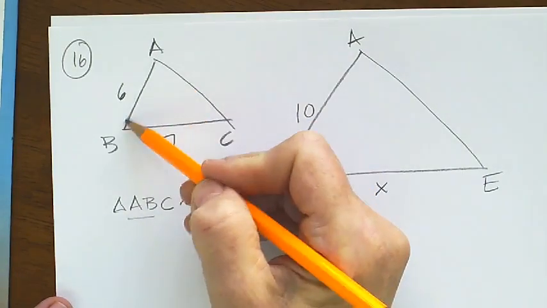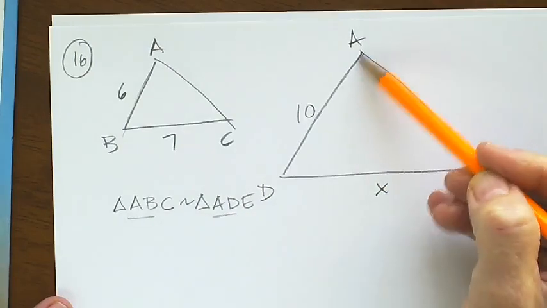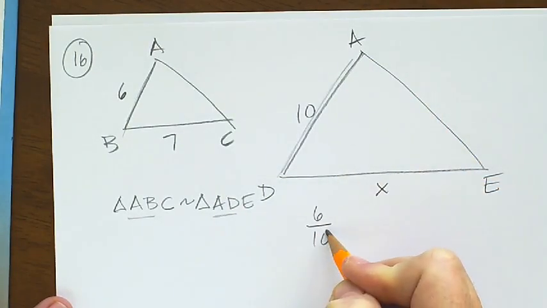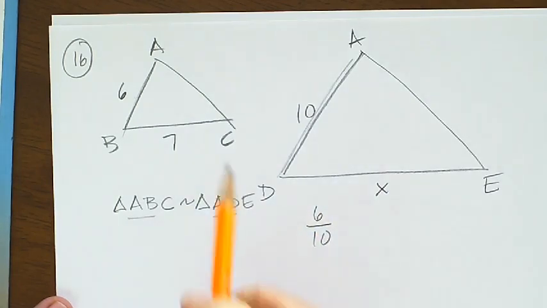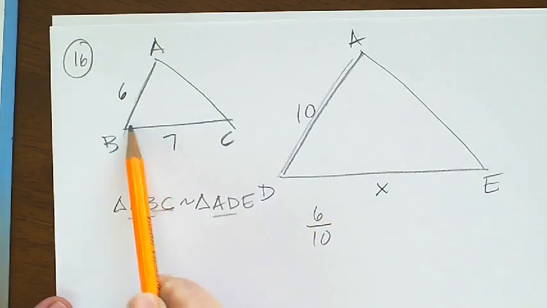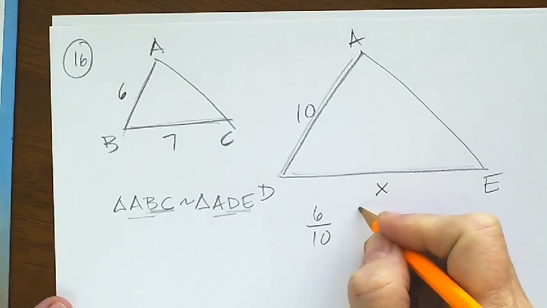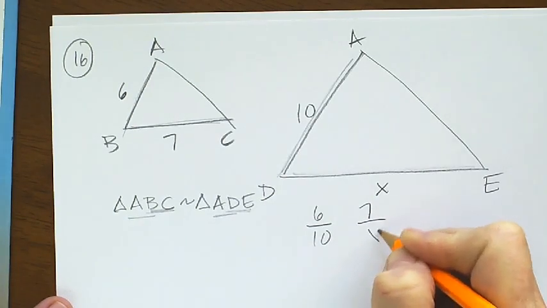Okay, I know AB corresponds to AD. So 6 is to 10 as BC corresponds to DE. I'm not just looking at this and making a guess. Because of this statement, because of the order of these sides, I know that BC, 7, corresponds to x.